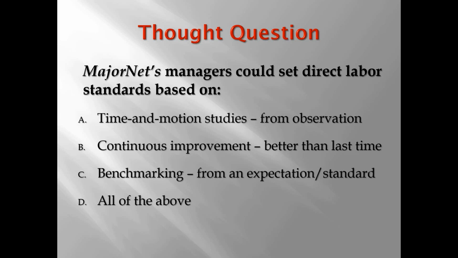And benchmarking means setting the standard based on some expectation and then assessing whether people achieve that standard. Therefore, all of these are valid ways to set direct labor standards.